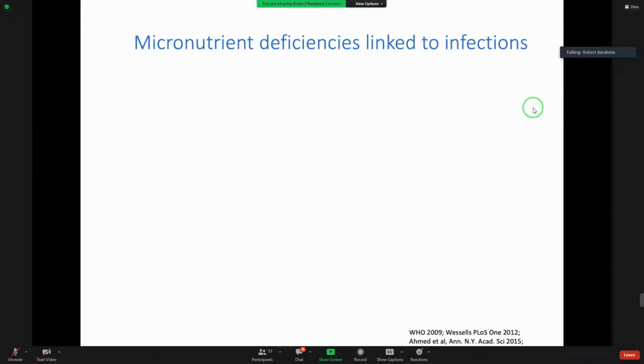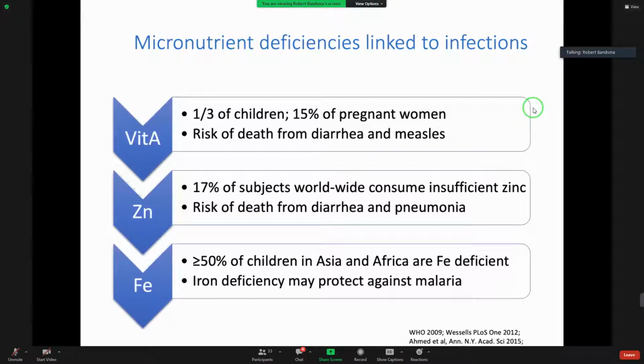There's very strong evidence that deficiencies of specific micronutrients are associated with poor outcome in children and increased vulnerability, for example, to infections, including diarrheal infections and pneumonia.